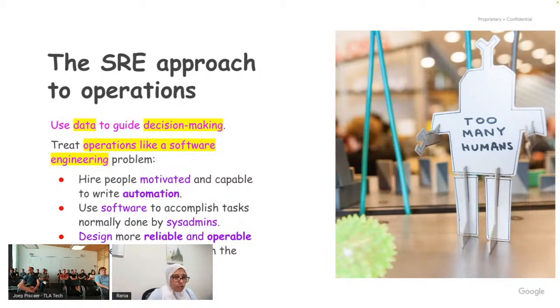Again, it's not about assigning the operation and the maintenance to sysadmins. This is not the thing. DevOps engineers are not meant to be sysadmin engineers. Those are software engineers, motivated and capable of writing automated code and automated software. They are involved in the design and the architecture of the software itself.